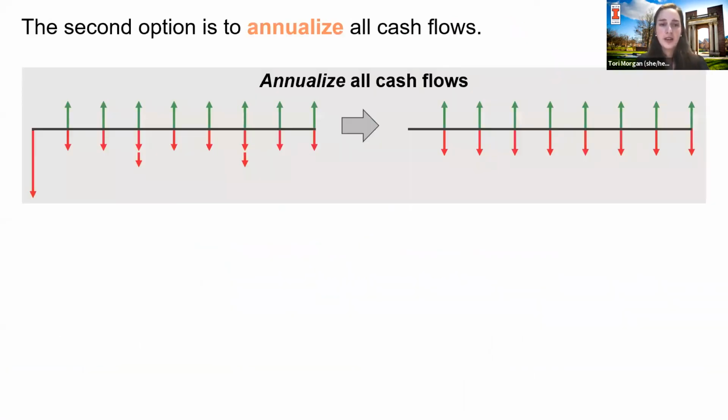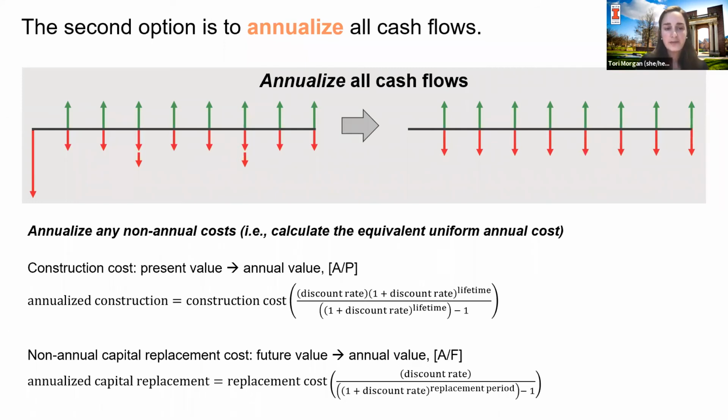Next slide. So that was the first option, finding present worth. Another option is to annualize all cash flows, so that you have uniform annualized cash flows. Next slide. So you analyze any non-annual cost and calculate the equivalent uniform annual cost. The construction cost is converted from present value to annual value.